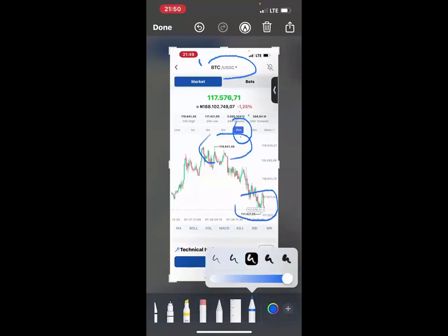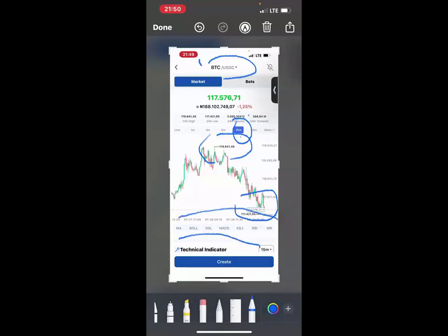And we can see all our indicators that we'll be talking about this evening lined up here at the bottom. We have firstly our MA, which is the moving average. We also have our Bollinger Band, and we have our volume, we have our MACD, we have KDJ, and we have RSI, and we have our WR.